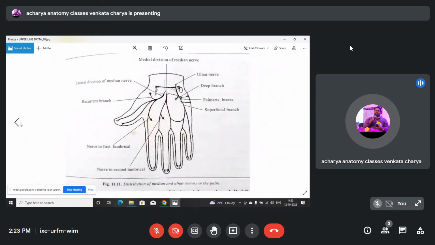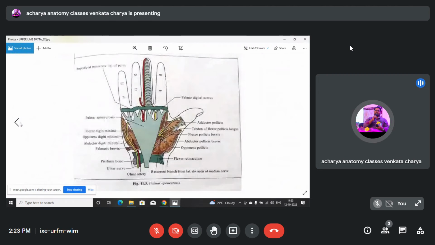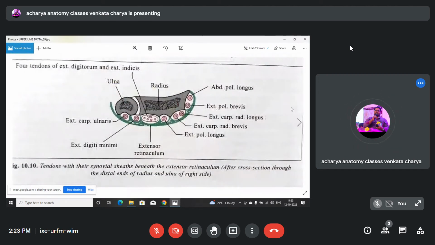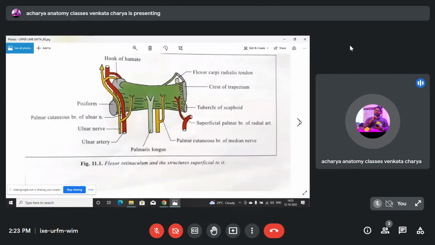Superficial branch of the radial artery runs beneath the flexor retinaculum. So sometimes it runs beneath the flexor retinaculum and sometimes it runs superficial to the flexor retinaculum.